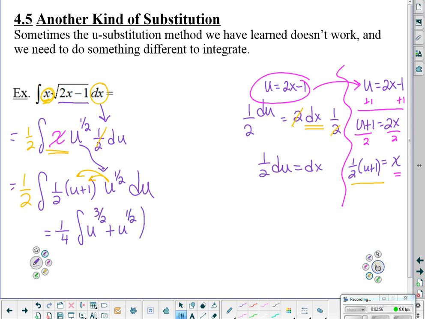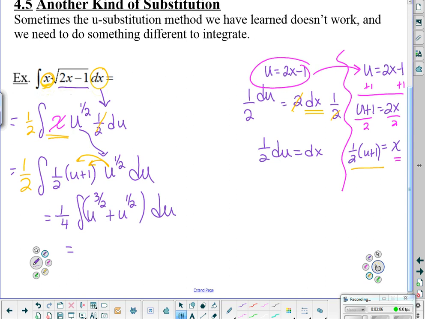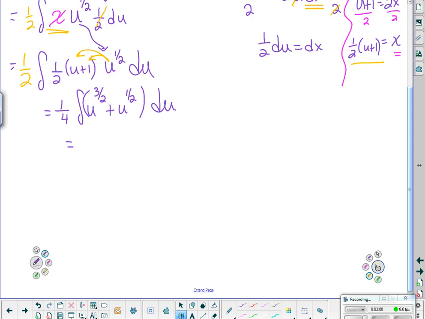Now there's a lot of algebra that we just did, but that was just a lot of algebra to clean up our integral, to make it possible to do a nice u substitution here.